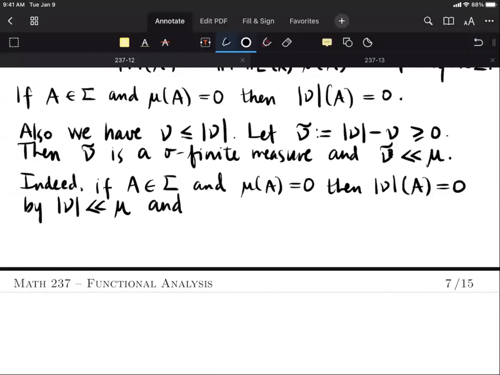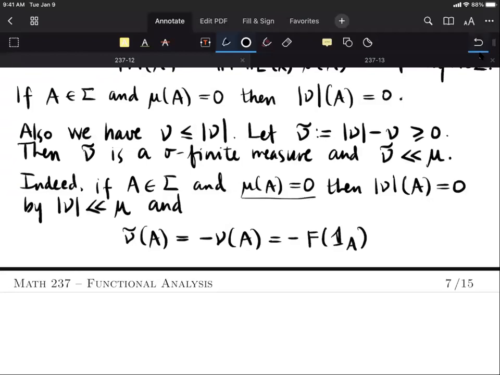And therefore, this is now equal to negative mu of A. Okay, we know that this is negative f of the characteristic function of A. Since A has measure 0, this characteristic function is equivalent to the 0 function.